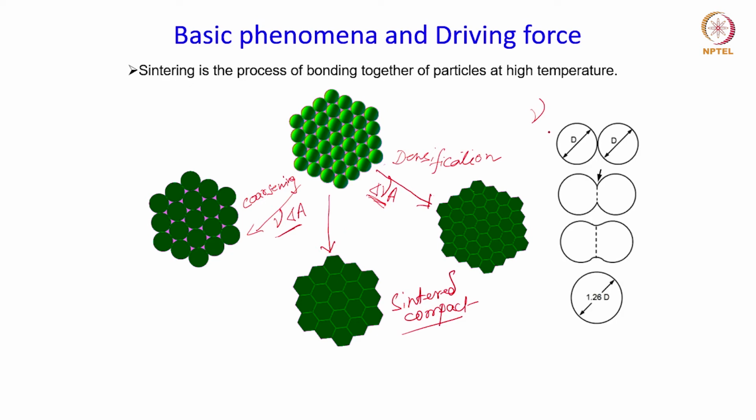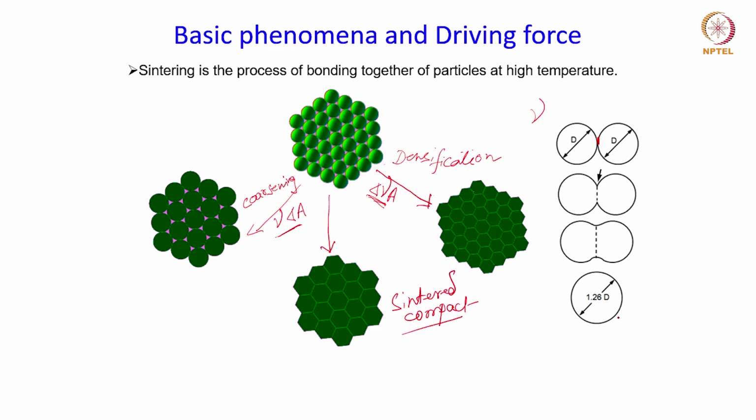Here this is demonstrated with just two particles, both having equal diameter d. So this is the contact which has formed during compaction, and as the compact is sintered, a neck will form in these contact points, and as the sintering proceeds, this neck will grow, and as it grows, the solid-vapor interface will be replaced by the solid-solid interface, which means that the grain boundaries will replace the solid-vapor interfaces.